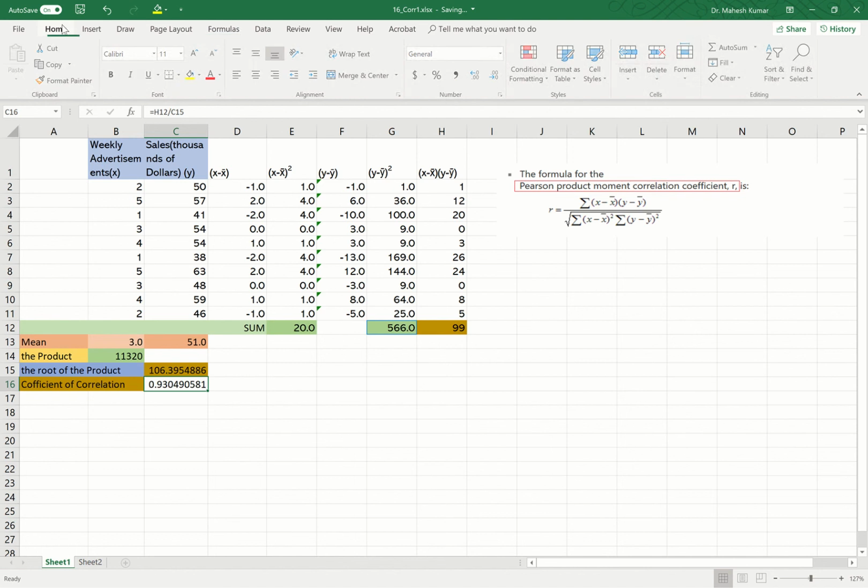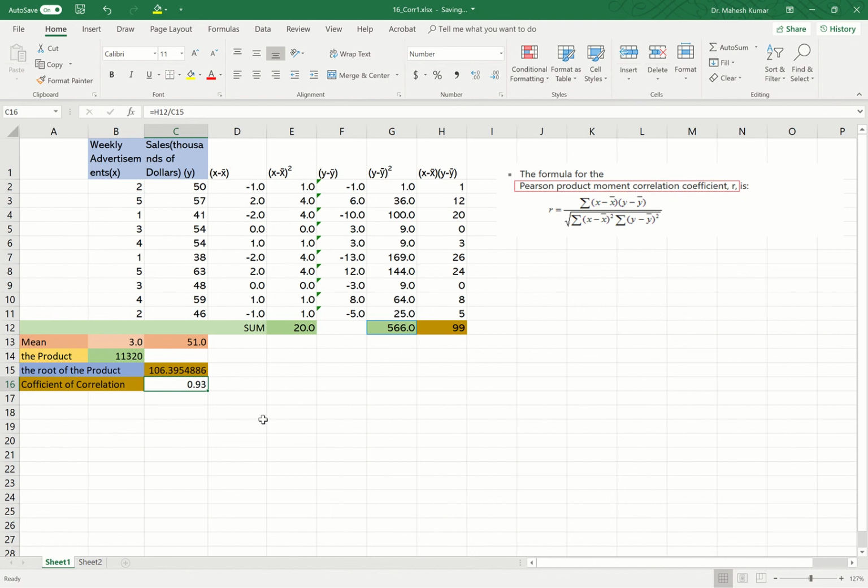So if you want to reduce the decimal points the same way as we did, click the home tab and then reduce the decimal points, say to 2 decimal points we are taking this time, 0.93. So the Pearson product moment coefficient of correlation is 0.93.